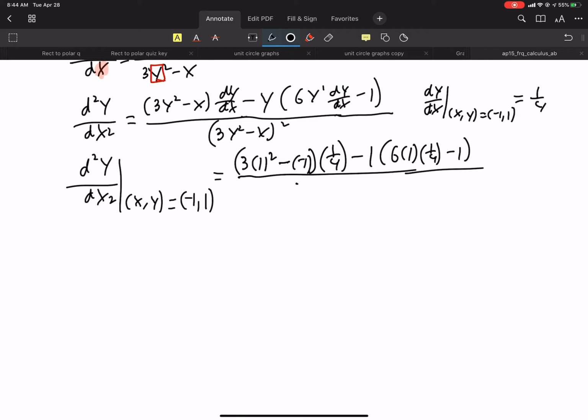On the bottom, 3 times 1 squared minus negative 1 squared. That is the answer. You don't simplify. You shouldn't simplify. That'd be foolish. Leave it. We are good. That is the answer. We are finito, and that's it.